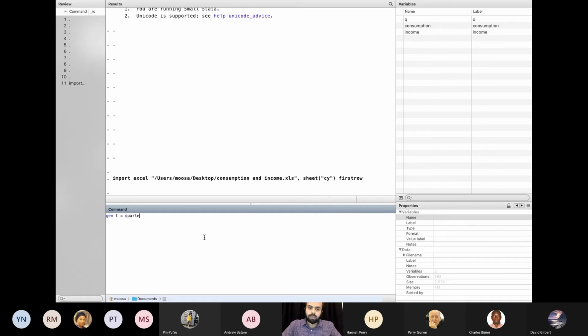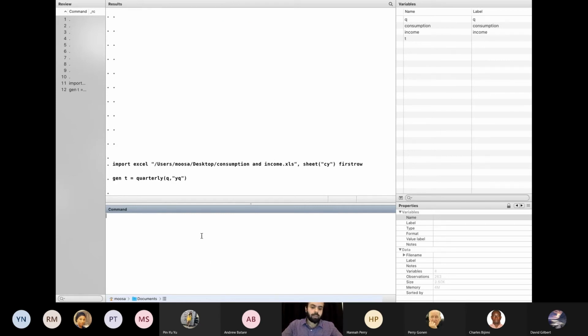So let's generate another series called T, which is quarterly, and that is basically the same as Q. And we are trying to explain to Stata that this is structured as year first, quarter after. And now we have another variable T, and we have to say that for time series, we set this variable T as the time of our analysis for our variables, and this is quarterly.